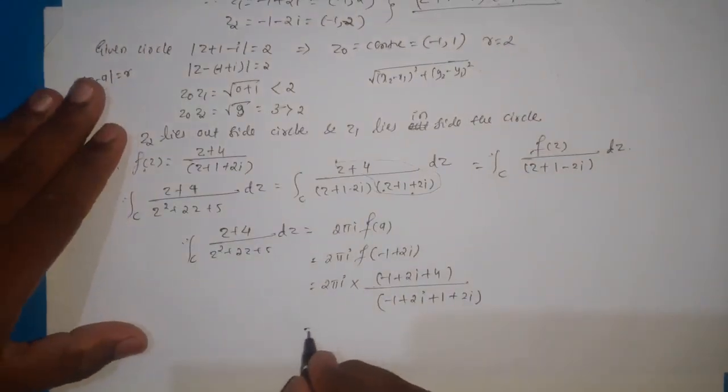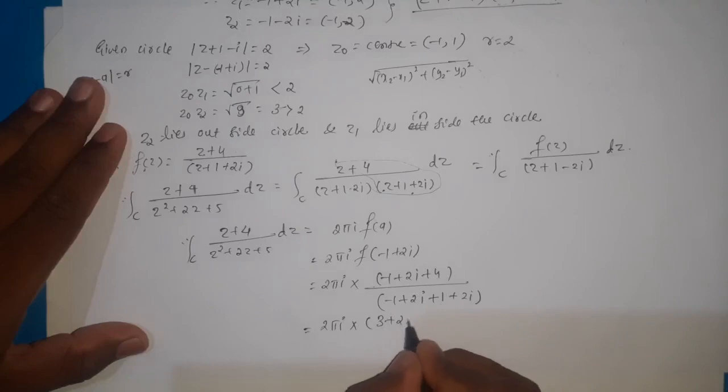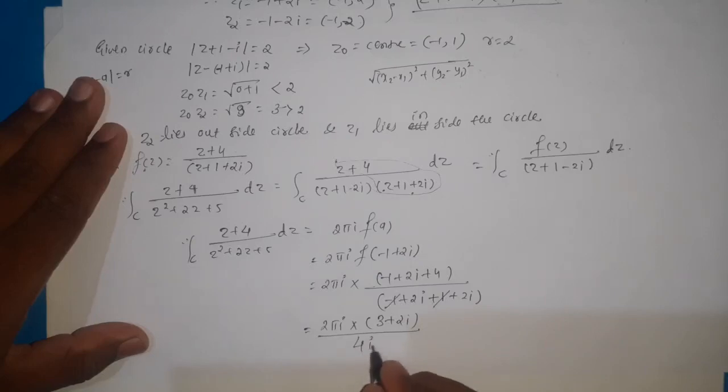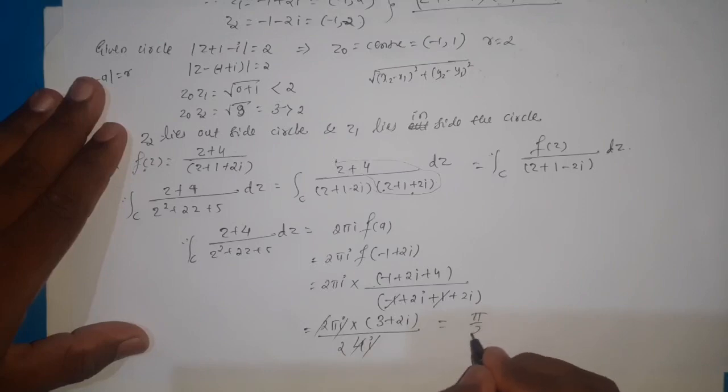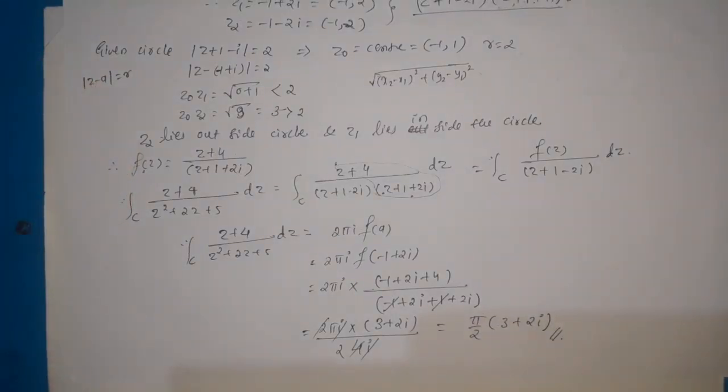Then this is 2 pi i into minus 1 plus 4, that is plus 3. So 3 plus 2i divided by, plus 1 minus 1 get cancelled, that becomes 4i. So i and i get cancelled, and 2 ones are 2, 2 twos are 4. Then it is pi by 2 into 3 plus 2i, which is the value of the integral.